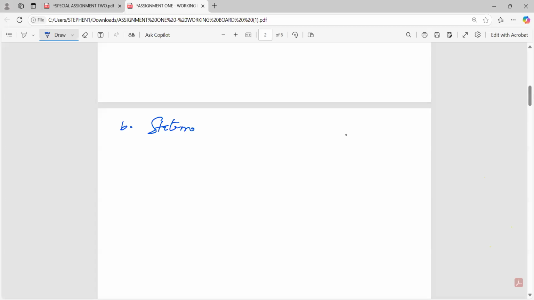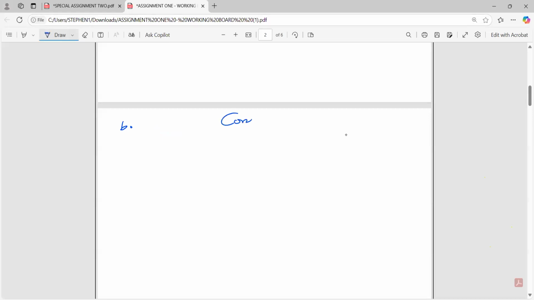Statement. Don't start off with the statement directly. So write consolidated fund of Ghana. Are you okay with this? Good.